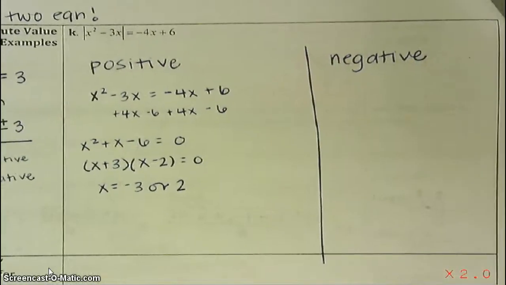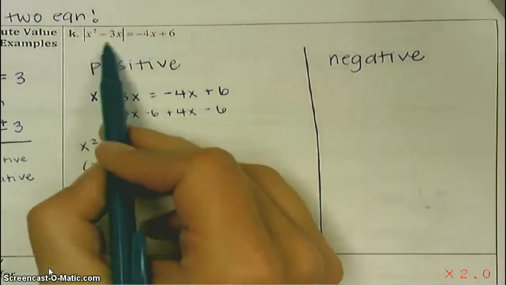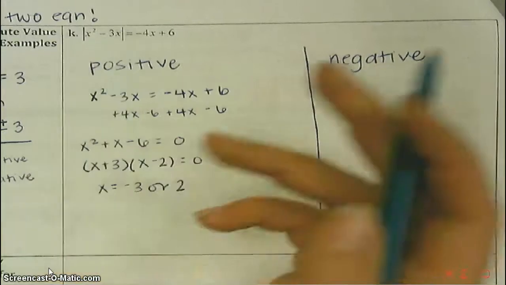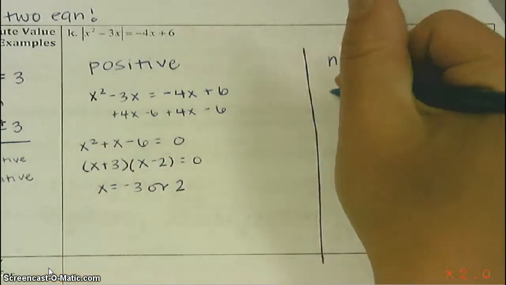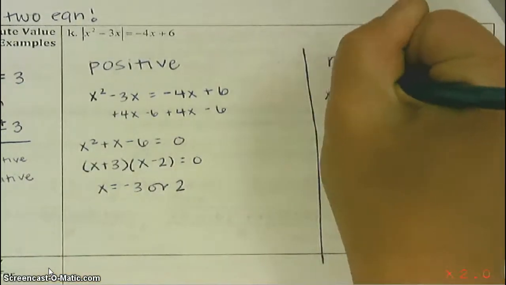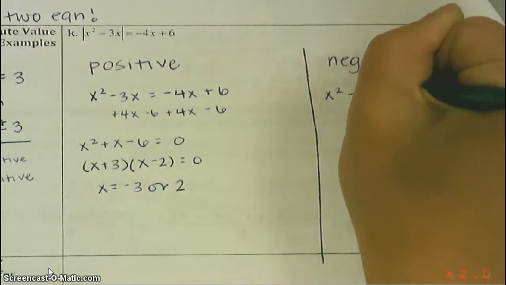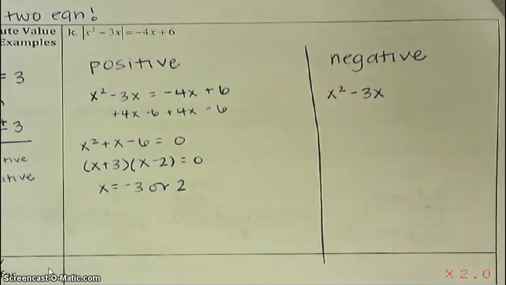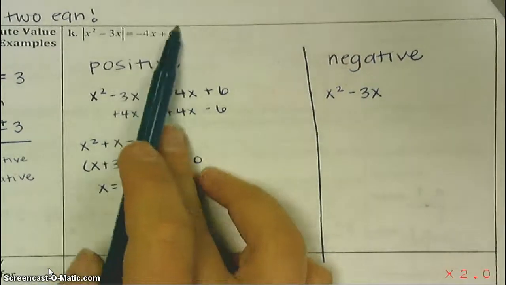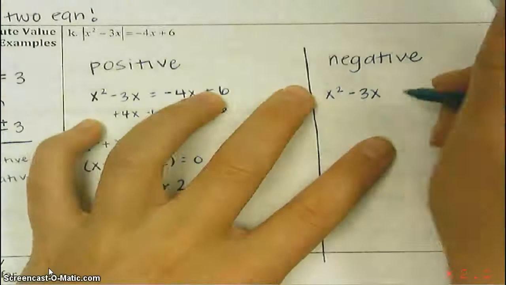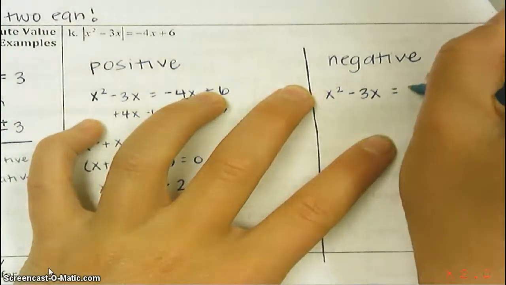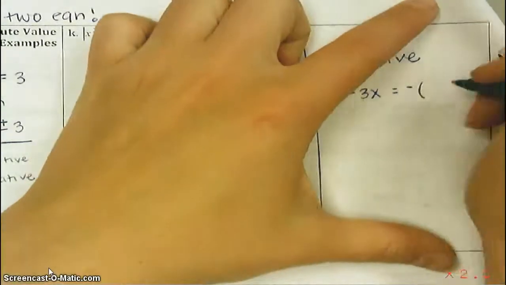Now for the negative, to set this up, again, you're going to take what's written on the inside of this absolute value, and you're just going to write it without absolute values around it. So x squared minus 3x. Now this side is the one that we're going to make negative. So we're going to take that value and put a big negative sign around it in parentheses.